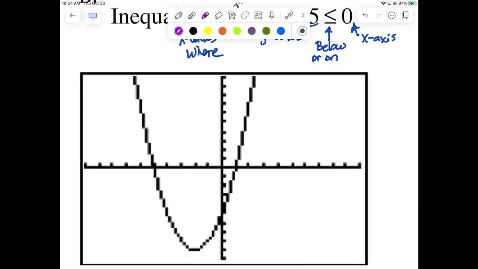Well, do you see where it's below? I see it's below right there. Let's go ahead and find the x-intercepts before I obliterate it. My x-intercepts appear to be at 1 and -5. So is it going to be between -5 and 1 or outside of -5 and 1?